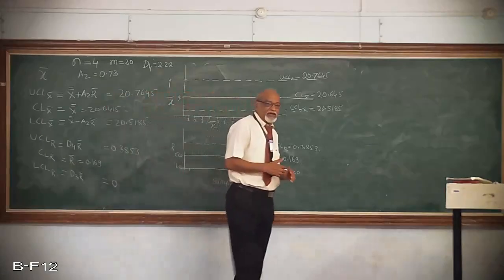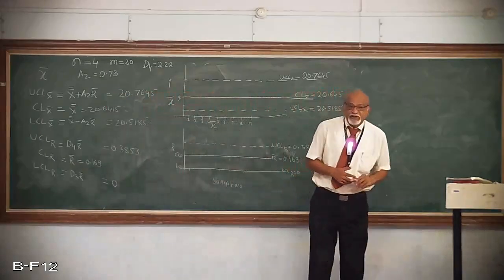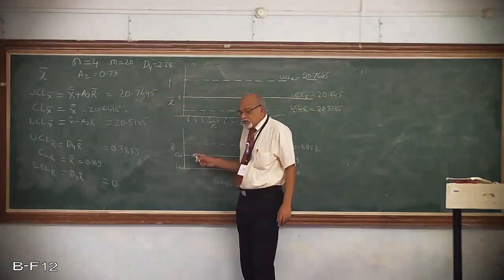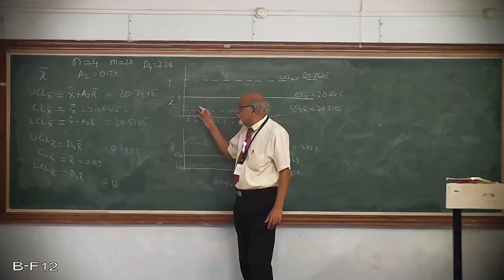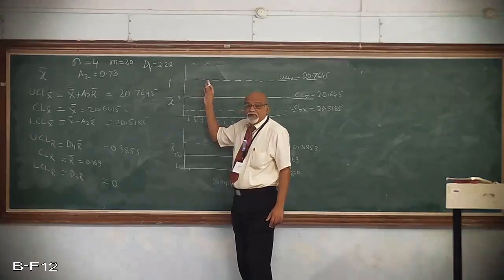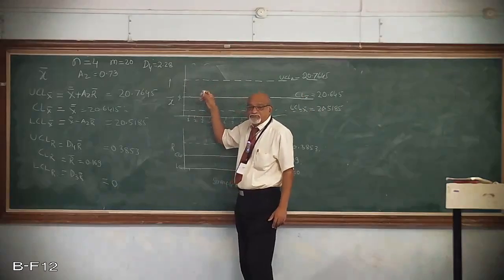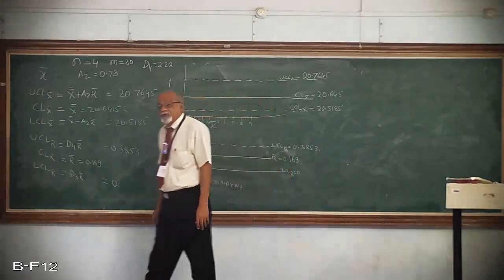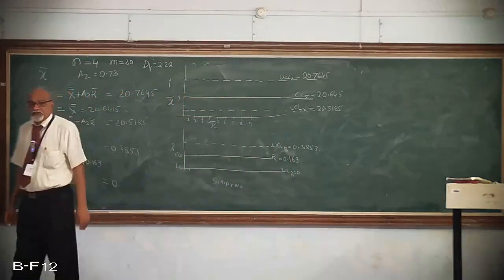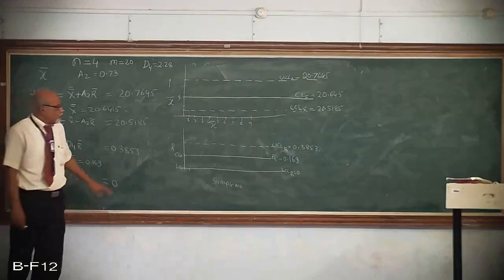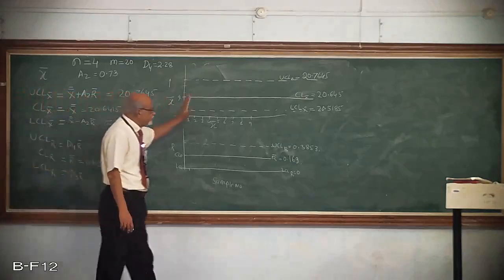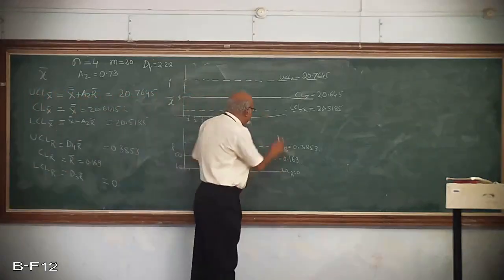Another case might be that it falls within the range control limits, but on the X bar chart it falls beyond the control limit. Then what? Or on both the charts, it has fallen outside the control limits. These are the three possible things one can envisage.